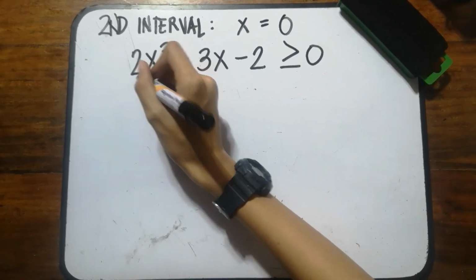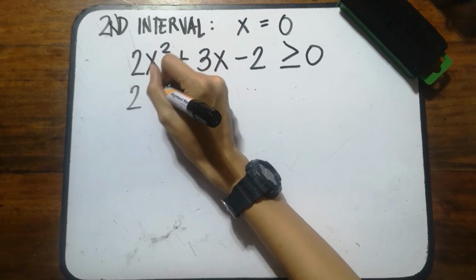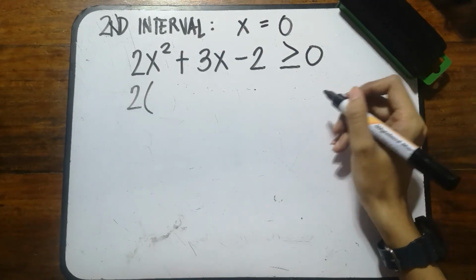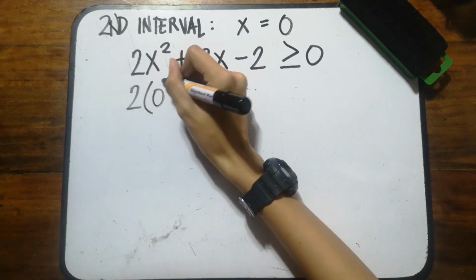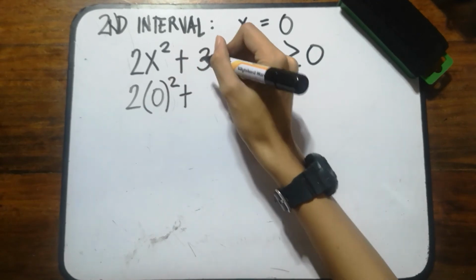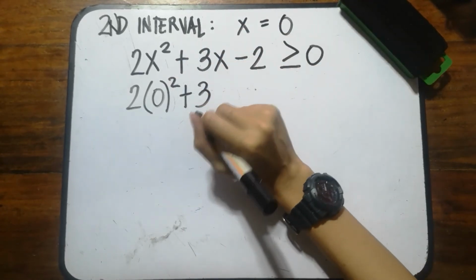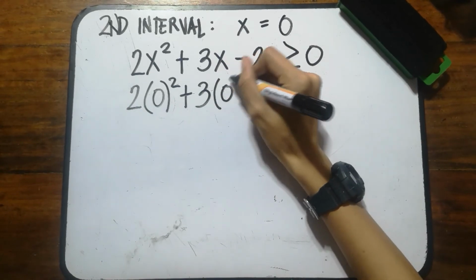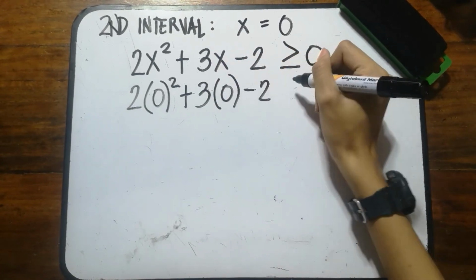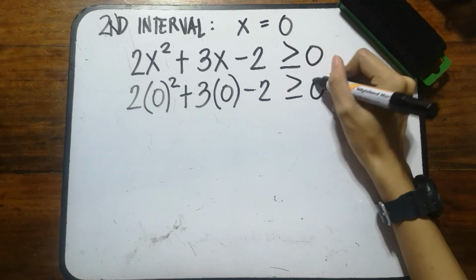So, this will now become 2 times 0 squared plus 3 times 0 minus 2 greater than or equal to 0.